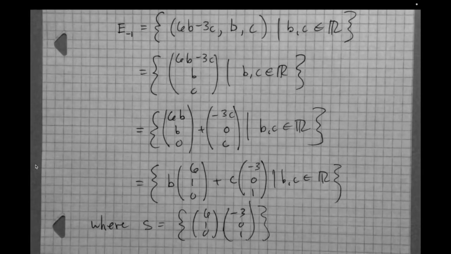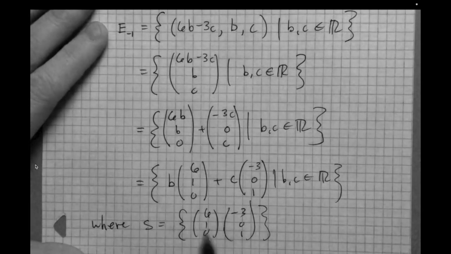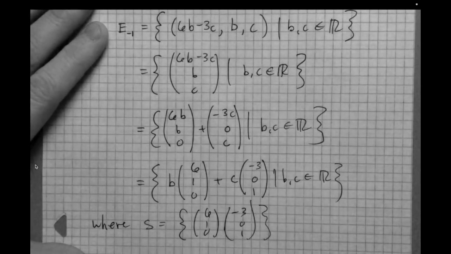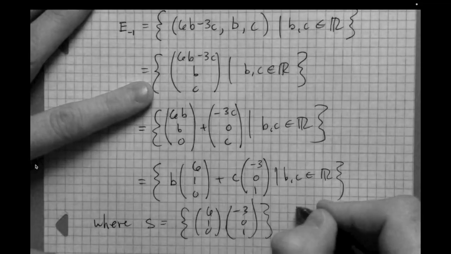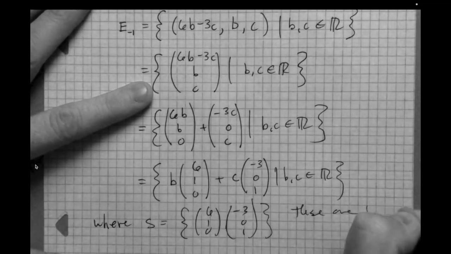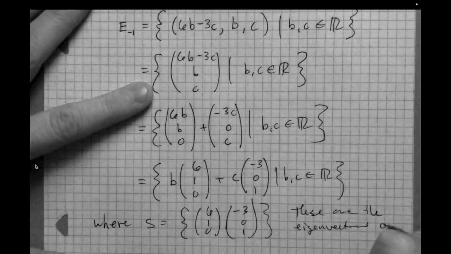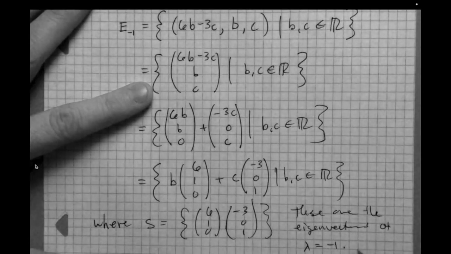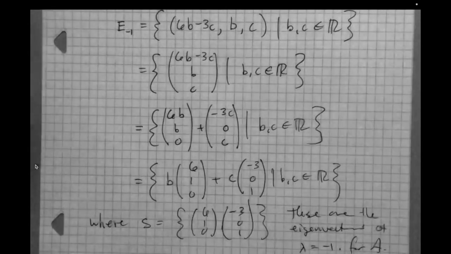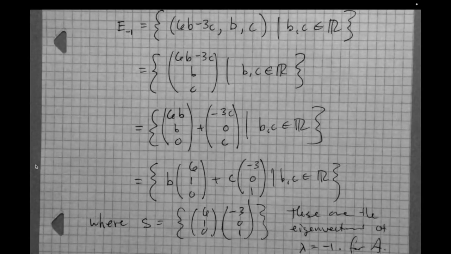And what are these two vectors? These are the eigenvectors for lambda equals -1 of A. The eigenvalue is -1. These are the eigenvectors.